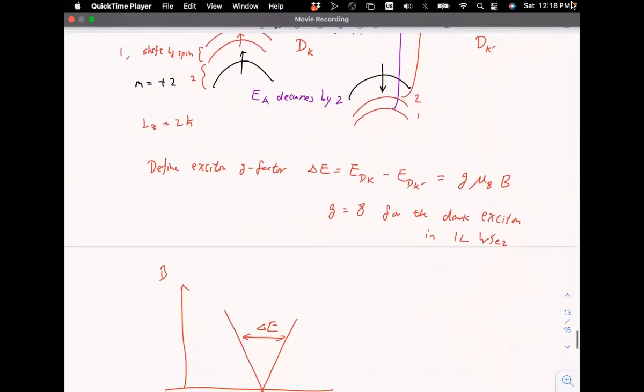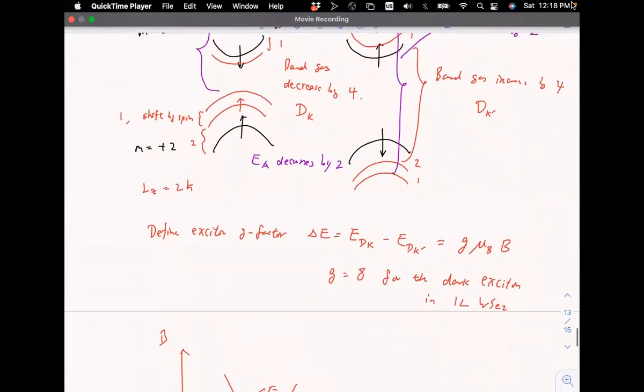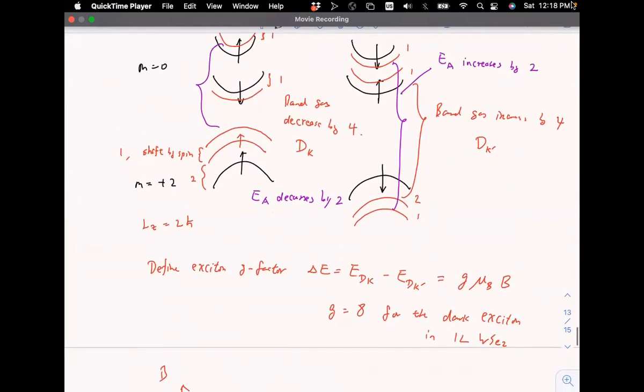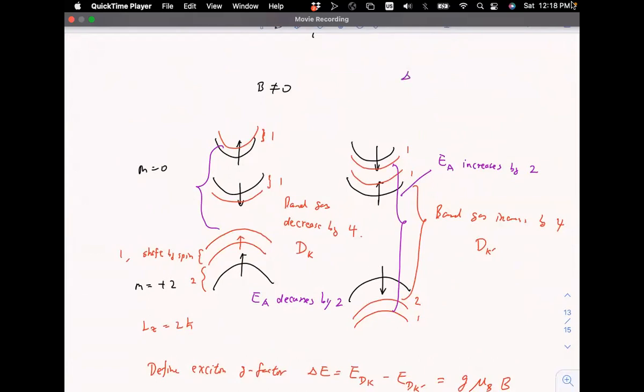So the delta E for A will be A at K prime minus A at K. Then it will be g mu B times B. Then g equal to 4 for the bright A exciton.